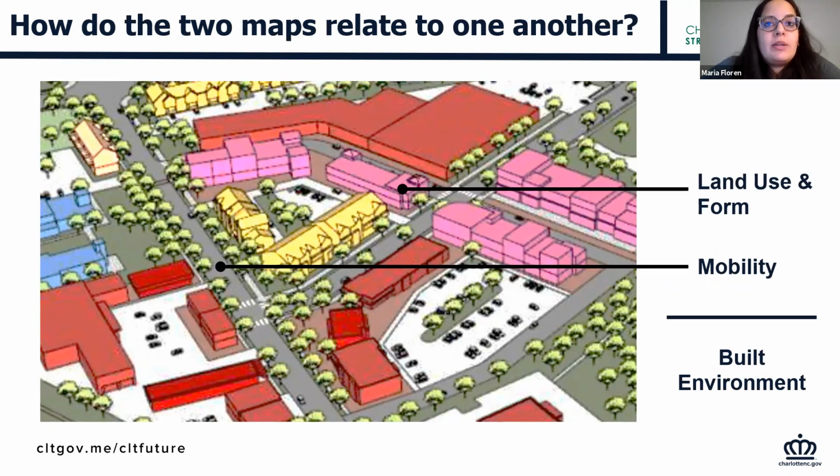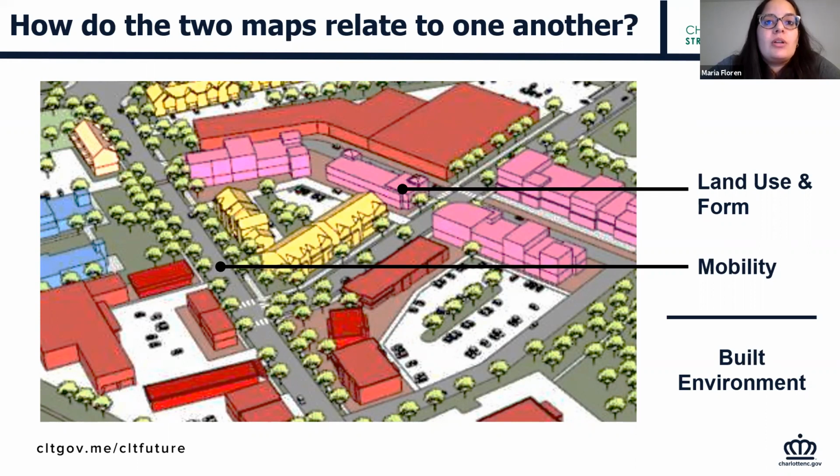The Charlotte Future 2040 policy map and the Charlotte streets map will both help implement the vision of the comprehensive plan, and they'll accomplish this by informing how our built environment evolves and changes over time. The built environment includes both land use and transportation related characteristics. So each map provides supporting information about the places that we want to create.